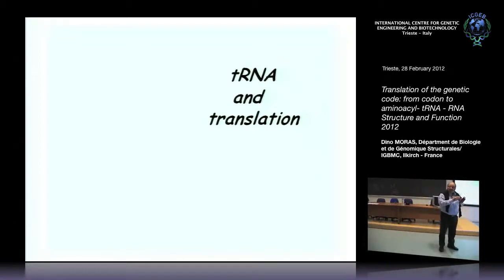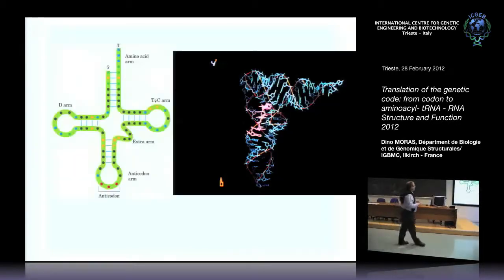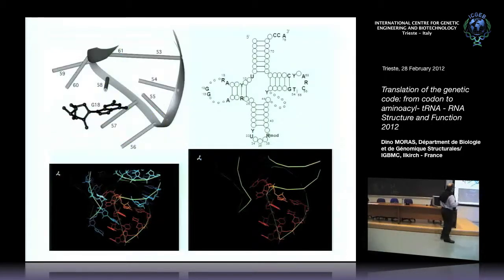So now I will stick to the basic chemistry of translation, and we'll follow the life. And one key player in all that transfer is transfer RNA, tRNA. That's why tRNA search you have seen yesterday, what is important, so I will go a bit faster. Just a glimpse on something I didn't show you yesterday.